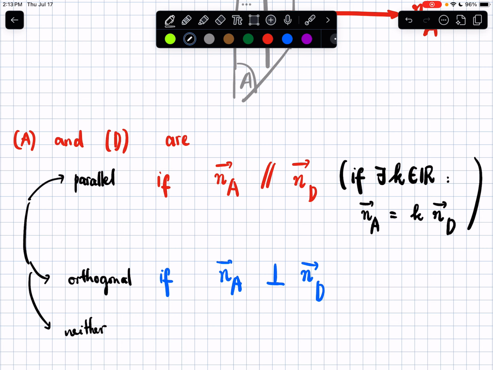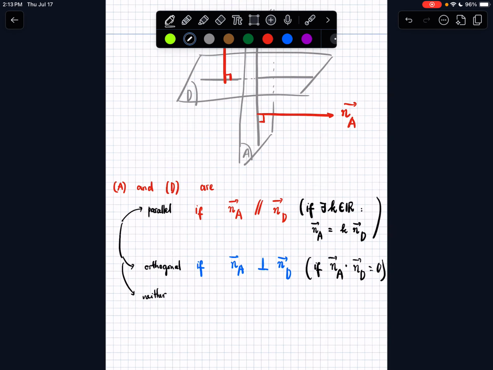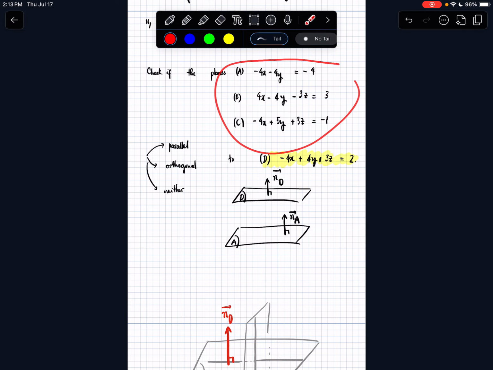And to check if NA is perpendicular to ND, we check if the dot product NA dot ND is 0. NA and ND can be found from the equation of the planes.